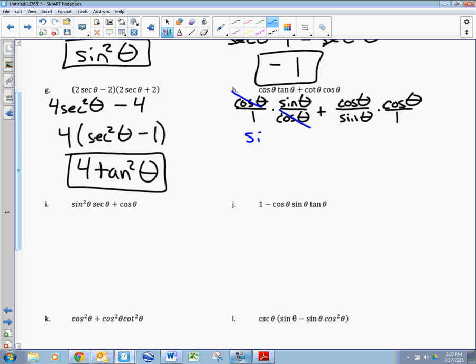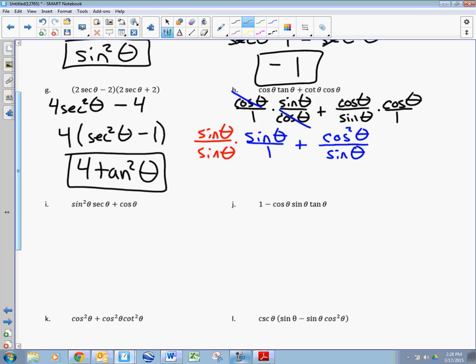So I'll write it out. We have sine of theta over 1 plus cosine squared of theta over sine of theta. Multiply top and bottom by sine. And again, when I do this, I think about it ahead of time. What's going to come of this?